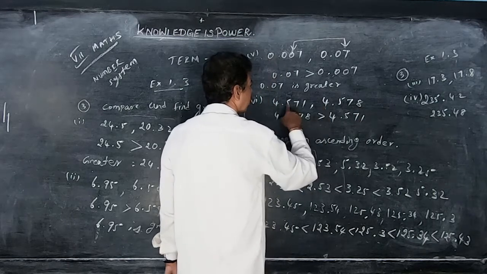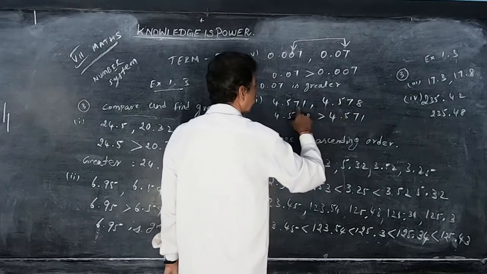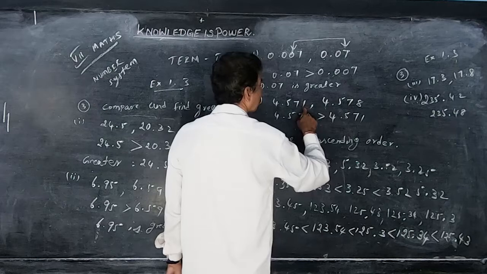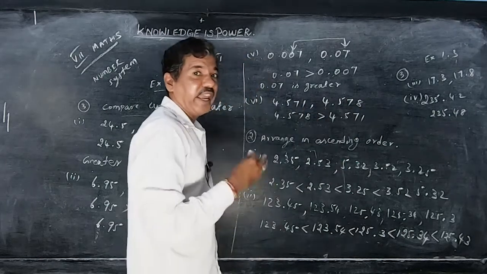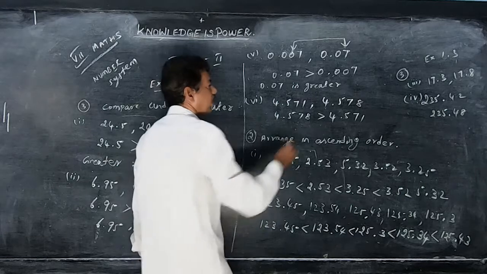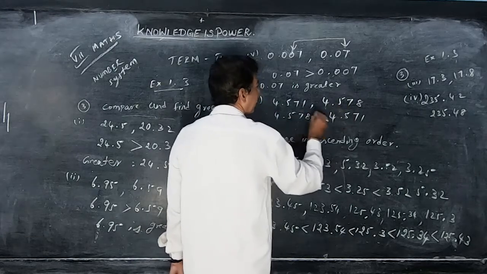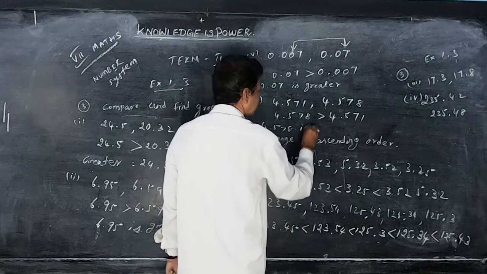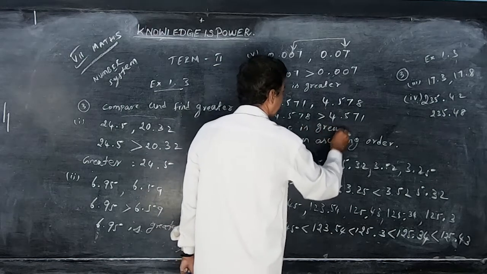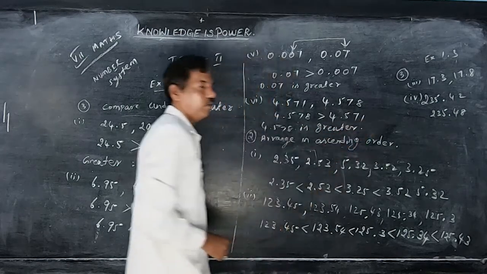Next to the point, the first digit is same, second digit same, third digit 1 is here, 8 is here. Okay, 8 is greater than 1. Therefore, you write greater than. So 4.578 is greater. Can you follow this?